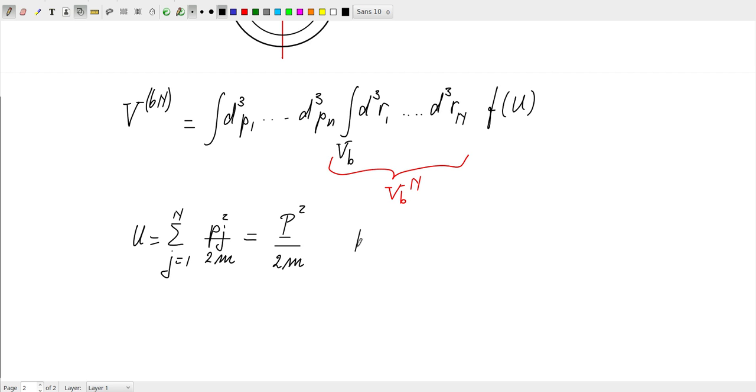And this capital P is the vector containing all the momenta of all the particles. So it's a vector of which the first three components are the momentum components of particle 1, so it's P1x, P1y, P1z. Then the same for particle 2, and all the way up to Pn.